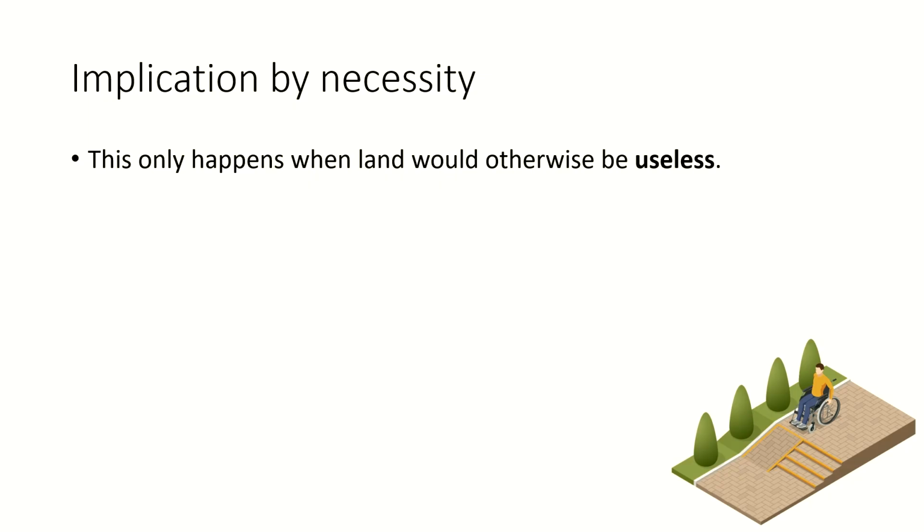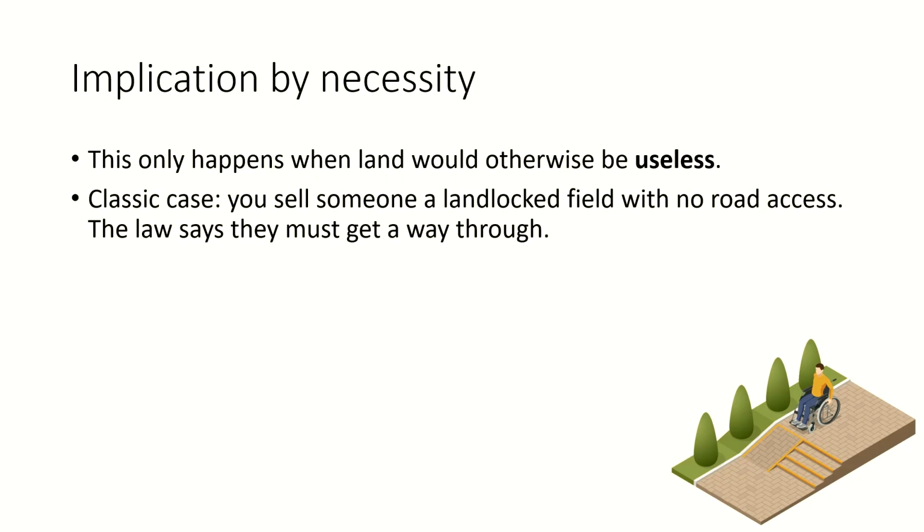The main time this might happen is if you sell someone a piece of land like a field or a barn or something, but your own land still surrounds it, and the barn or whatever that you sell is completely landlocked.